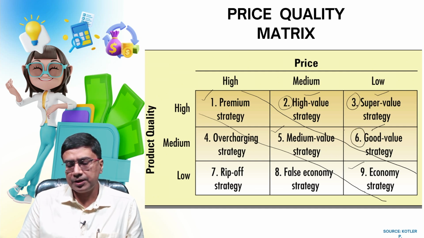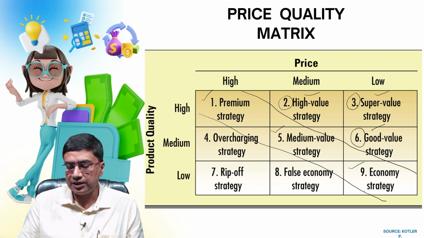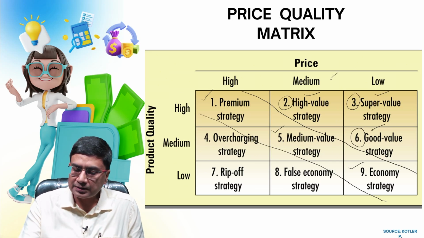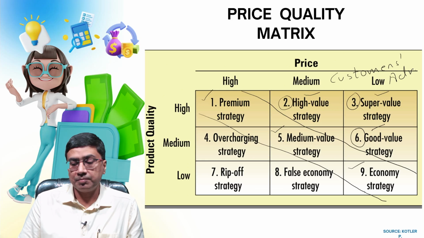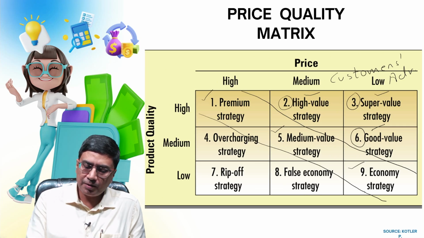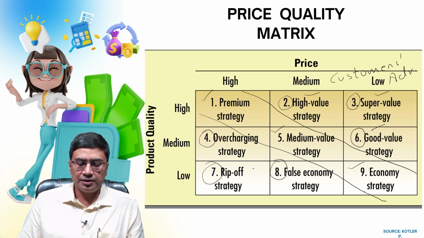If any company is offering these 3, or opting for these 3 strategies, it means it is for the customer's advantage. The customer is getting the maximum advantage, but somehow the company is missing the chance to earn more by making the price relatively higher.